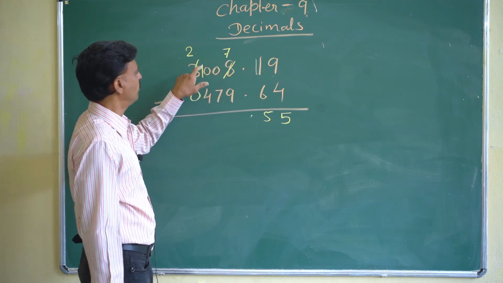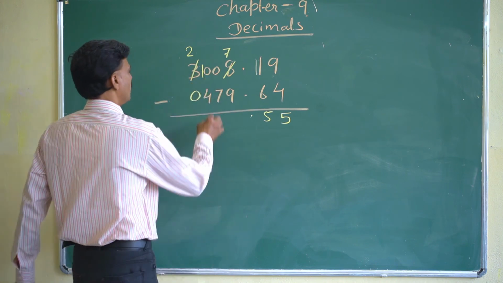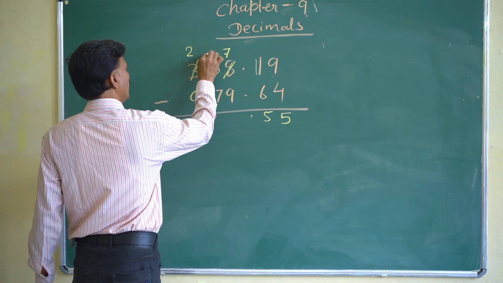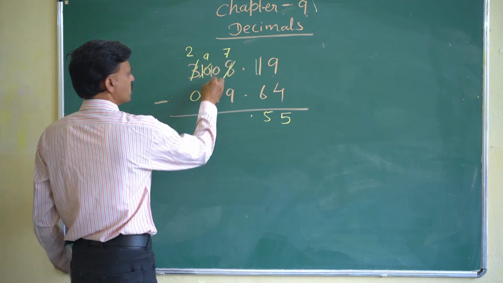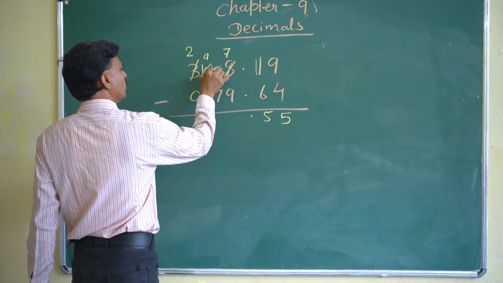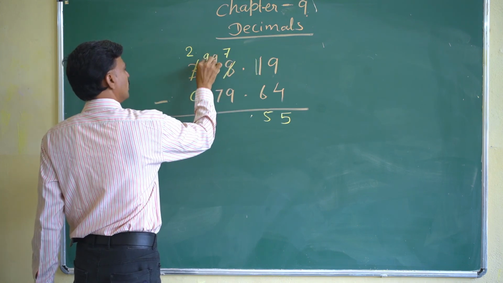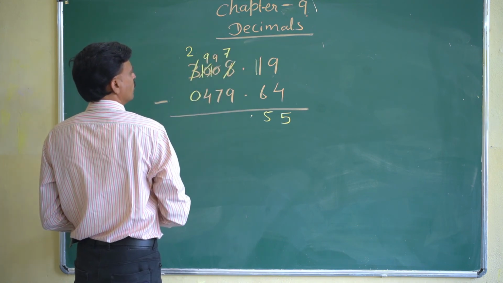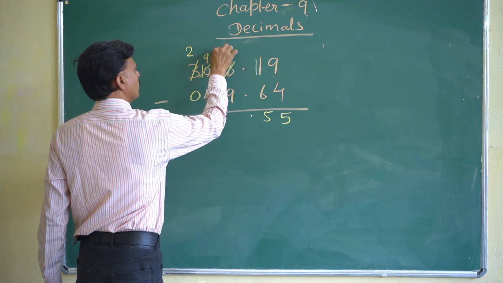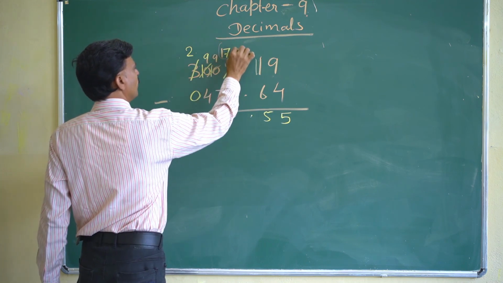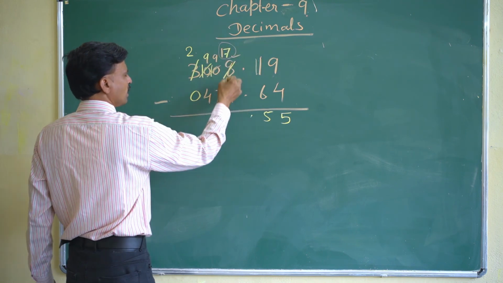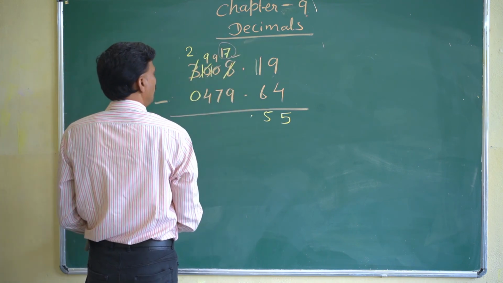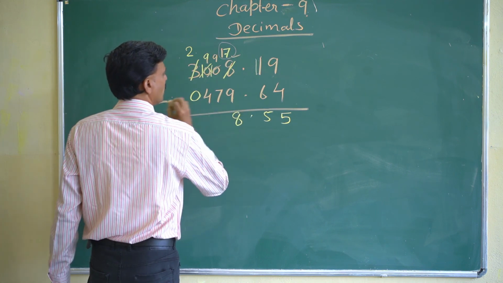So this number becomes 9 and this becomes 10. Then we'll borrow from this 10. So this will be 9 and this becomes 17. Now from 17 we'll subtract 9. So 17 minus 9, what will it come? It will come 8.